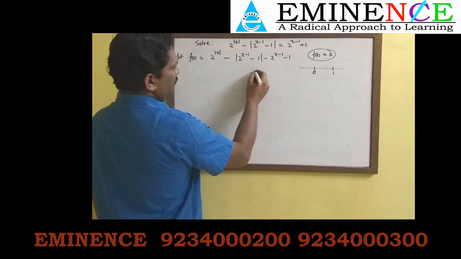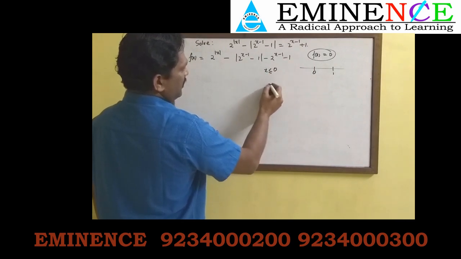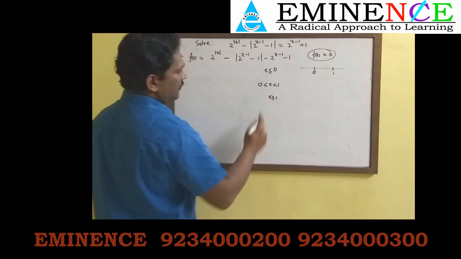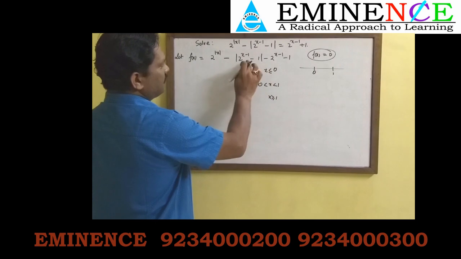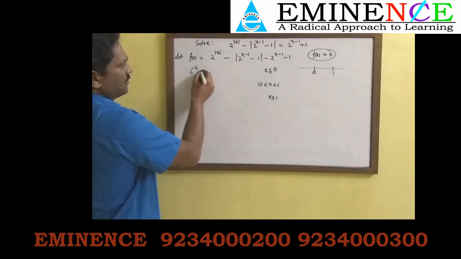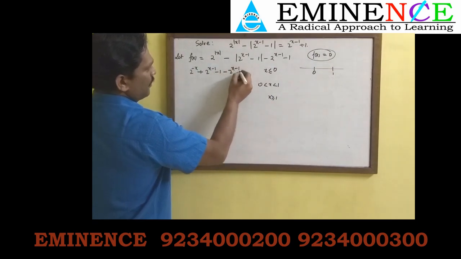So let us take the first interval x less than 0, then x greater than 0 less than 1, and finally x greater than or equal to 1. For x negative, see this as well as this, they are negative. So 2 to the power minus x minus minus plus 2 to the power x minus 1 minus 1 minus.